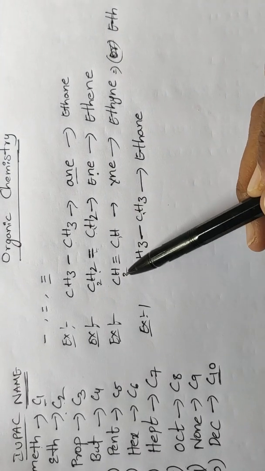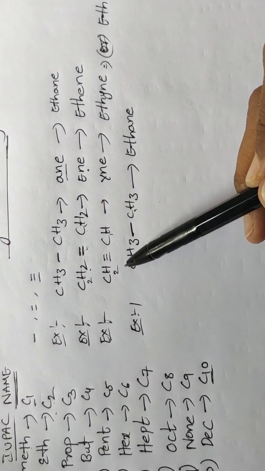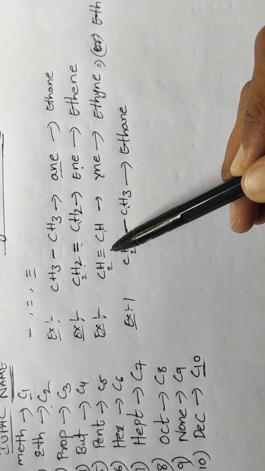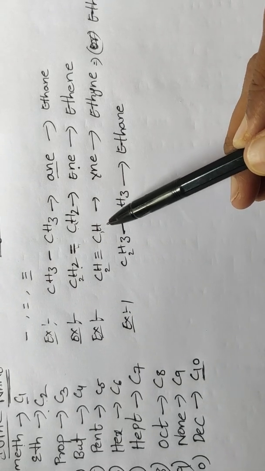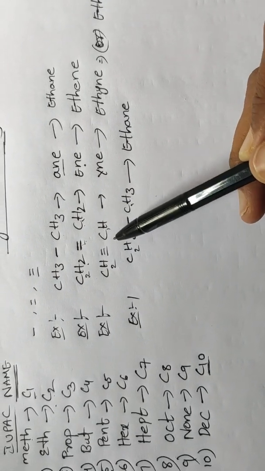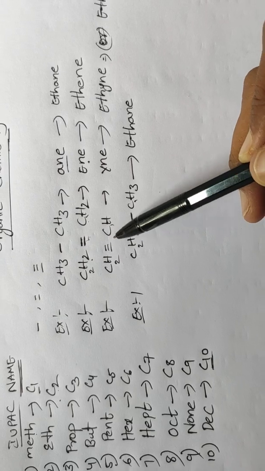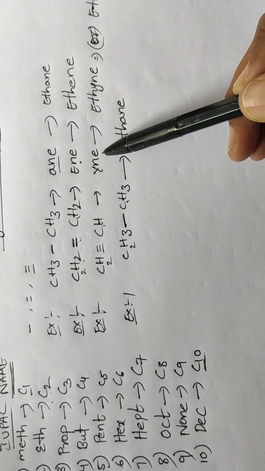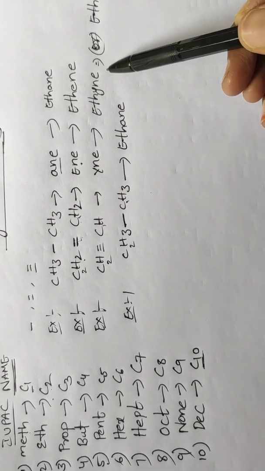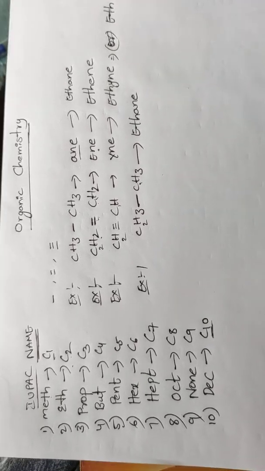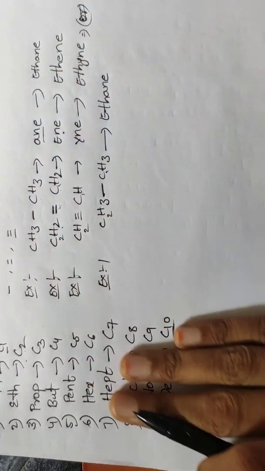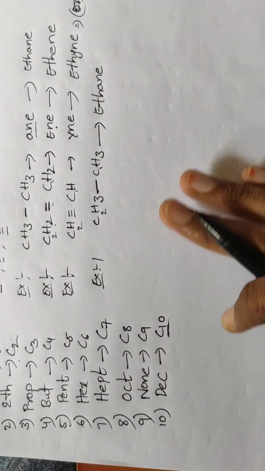Next, the third example, CH triple bond CH. As before, eth, and a triple bond means ine, ethine. Okay, next, if you follow, IUPAC names are over.